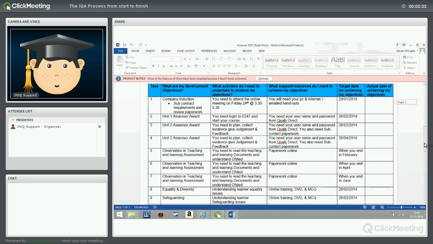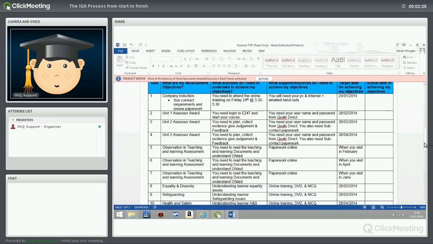So if you're new to the company, they are going to be sorting you through your assessors awards. Even if you've done the assessors award, it's good practice for you to still go through this process just to uplevel yourself and make sure that you're working in line as you should be.